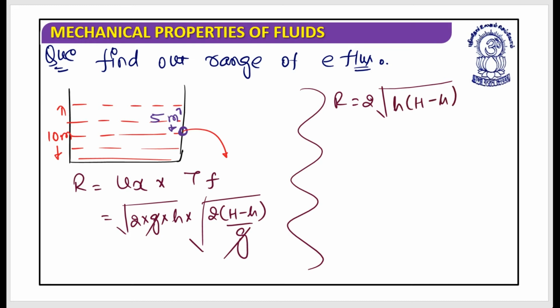So from this, h is 5, H minus h is 10 minus 5, which is 5 again. So it's 5 into 5, 25, and taking the square root gives 5. So the range is 2 into 5, which is 10 meter.